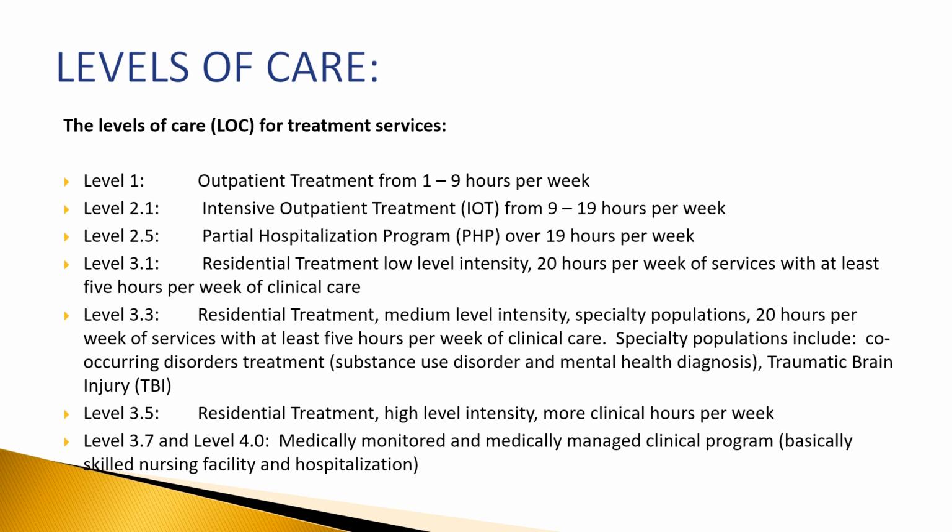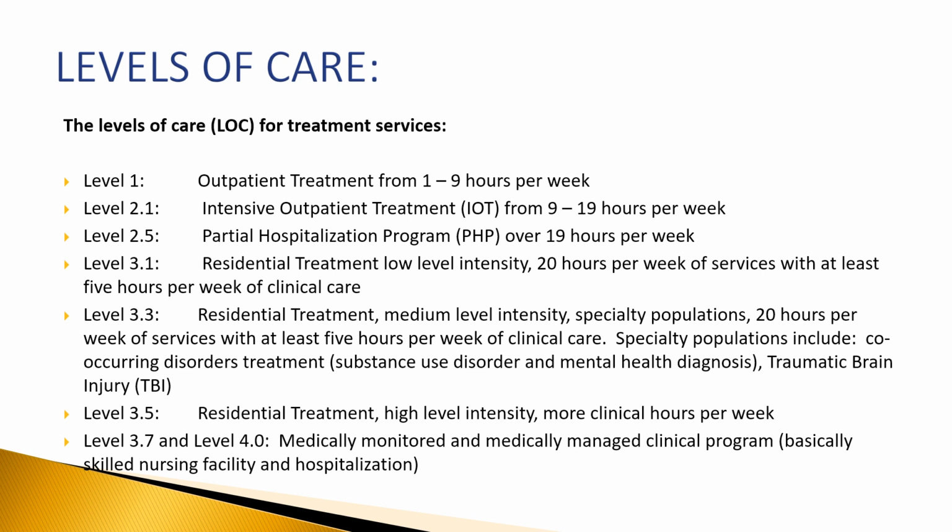Level 3.1, again, 3 is residential. So we're talking about residential treatment, low level intensity, 20 hours per week of services with at least 5 hours per week of clinical care. Level 3.3 is residential treatment, but it includes specialty populations such as co-occurring disorders, substance use disorder and mental health diagnosis, or perhaps traumatic brain injury (TBI) services.